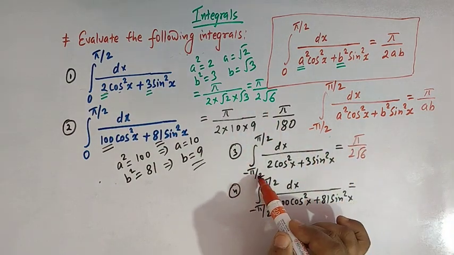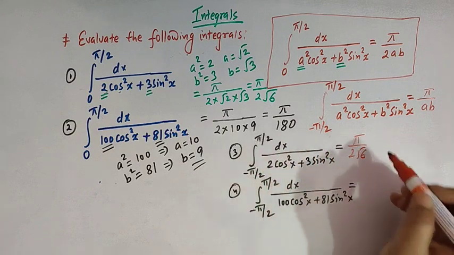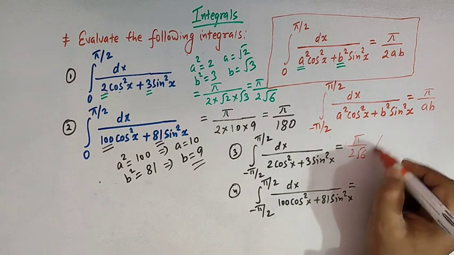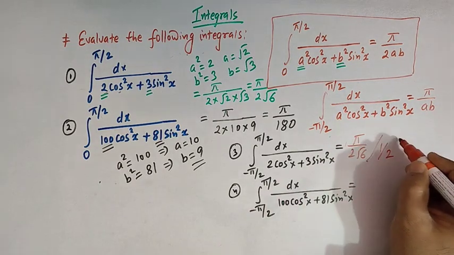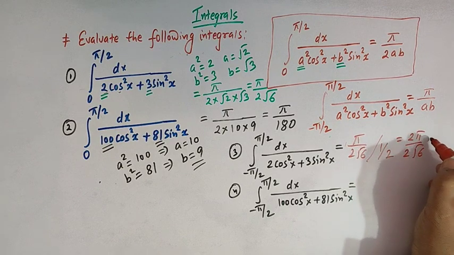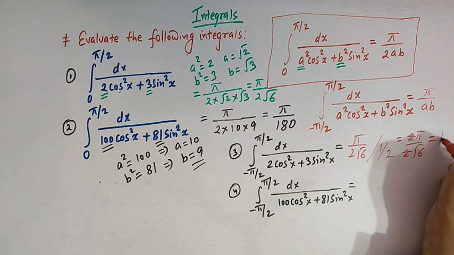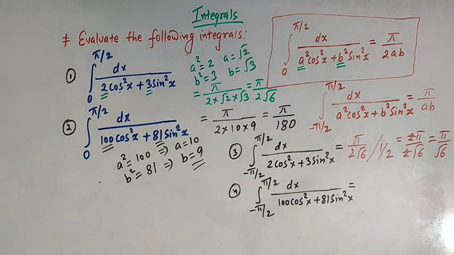So the value of this integral when the limits are from minus pi by 2 to pi by 2 is twice this value, that is 2 pi over 2 times square root of 6. So 2 and 2 get cancelled, so we are left with pi over square root of 6, right?